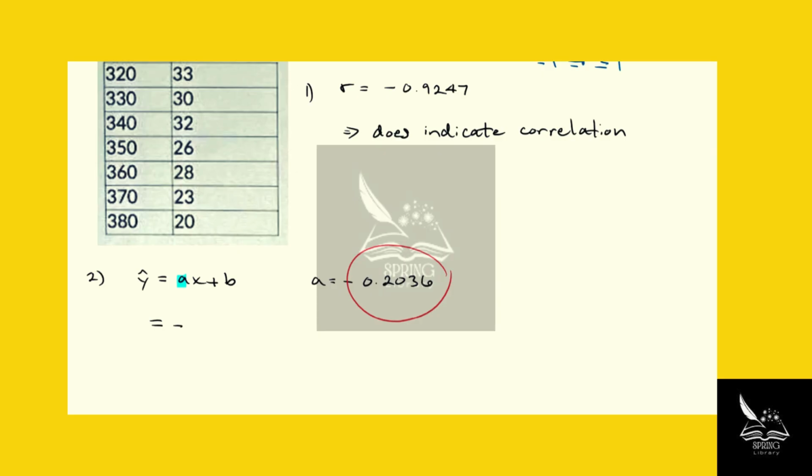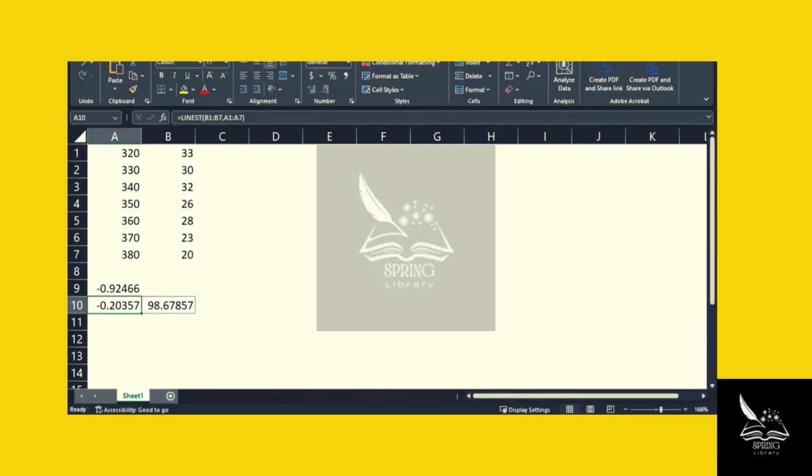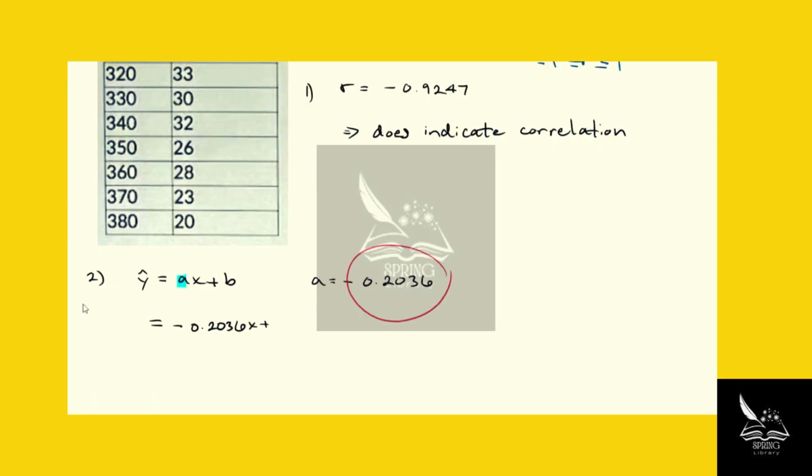Write out the regression equation like this. The second value returned is the y-intercept, 98.6786.